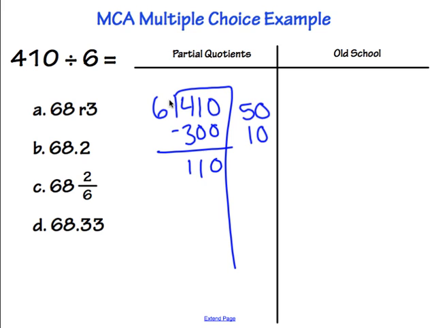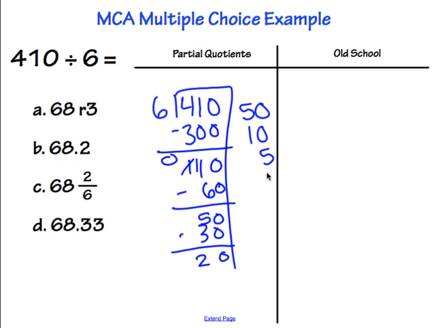So 10 times 6 would be 60. 11 minus 6 is 5. Okay, let's go with 5. 5 times 6 is 30. Okay, 6 times 3 is 18. 10 minus 8 is 2.